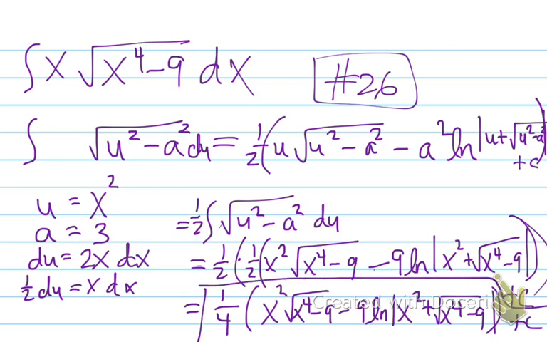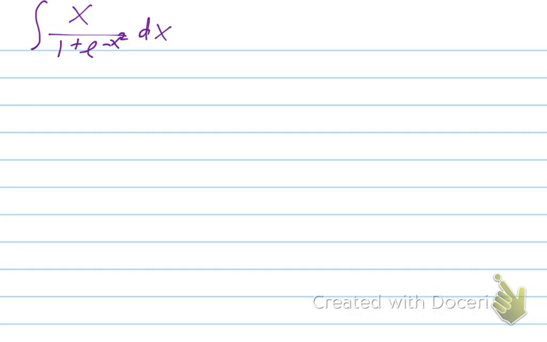And that's the final answer for that one. And then last but not least, we have the integral of x over 1 plus e to the negative x squared dx. Now the key piece of information here I should say, is that we have this e to the negative x squared, and that's another exponent in there that has an x in it.